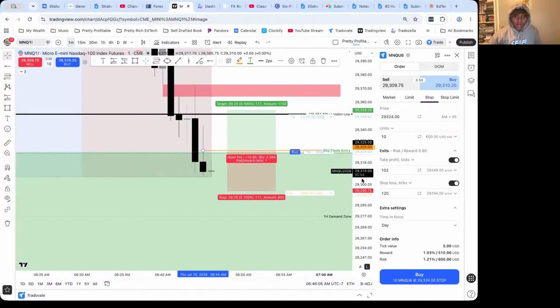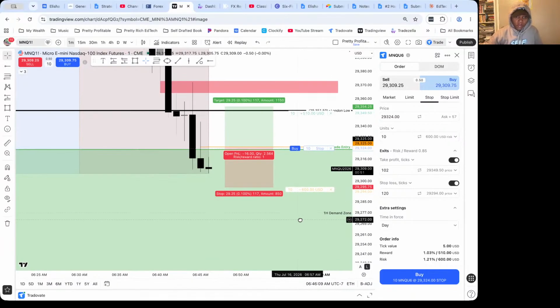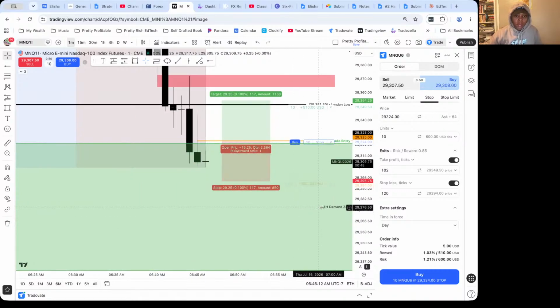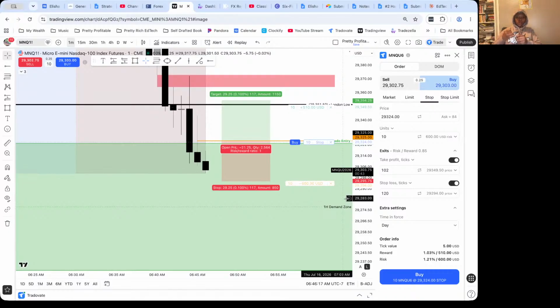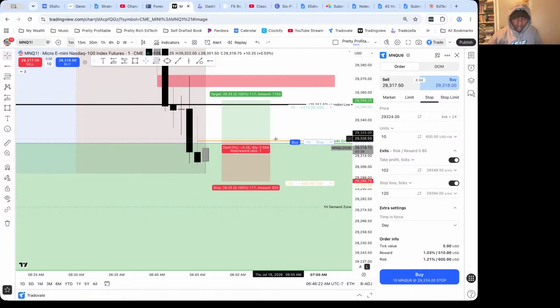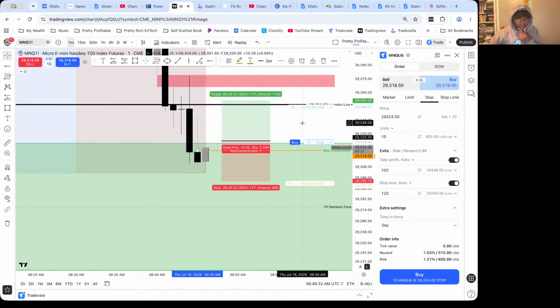That's considered a long wick. So technically it would be here, and a candle to close above it. That's a long wick. Just be ready. See what happens.